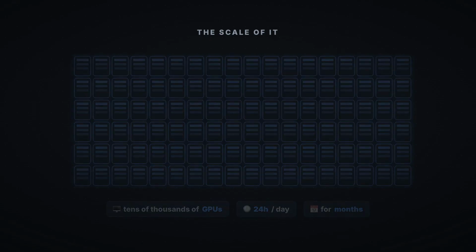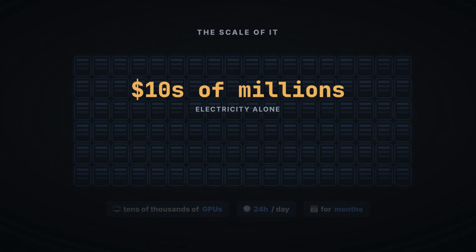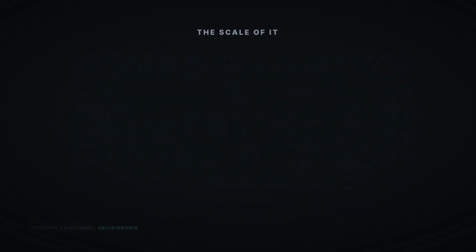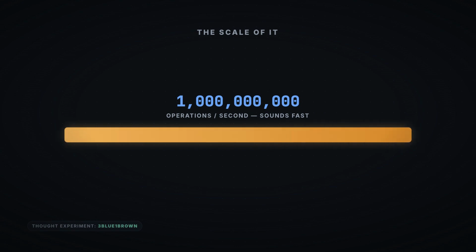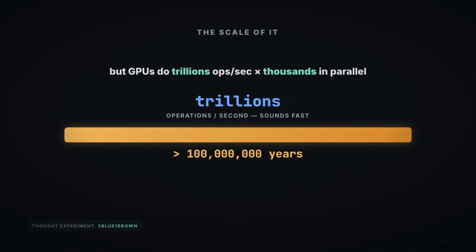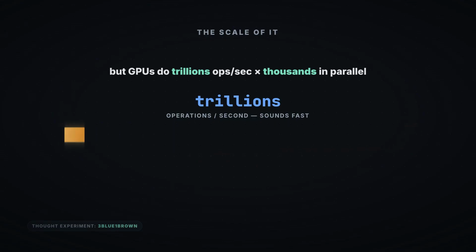The electricity bill alone can run into tens of millions of dollars. 3Blue1Brown pointed out that if you tried to do the computation for training a large model at a rate of 1 billion operations per second, which sounds fast, it would take you well over 100 million years. That's the kind of scale we are talking about. The only reason this is possible at all is because these GPU chips can do trillions of operations per second and you run thousands of them at the same time.